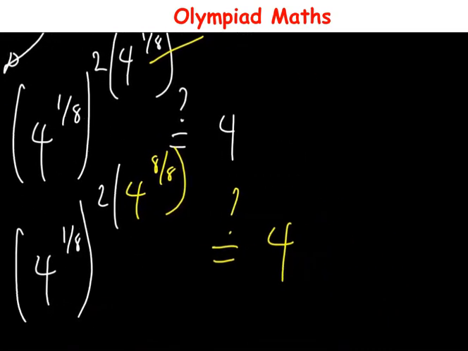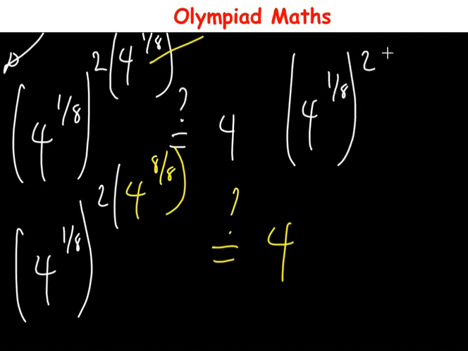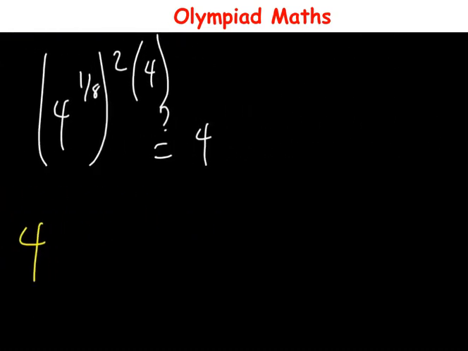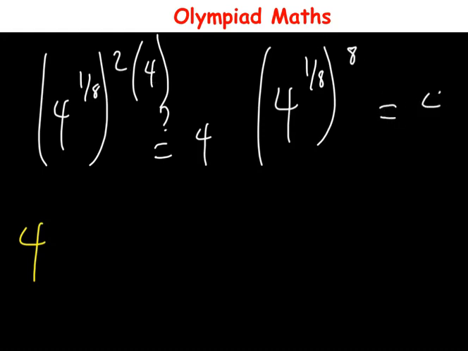From here, we have in brackets 4 raised to power 1 over 8, all raised to power 2, multiplied by 8, and we cancel 8, we have 4. So with this, we have in brackets 4 raised to power 1 over 8, all raised to power 2 times 4 is 8, does this equal 4?